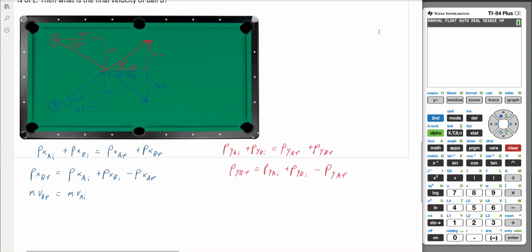Going back down, this will be cos of 35, because this is the initial in the x direction, plus m v_BI cos 25 minus m v_AF cos 50.